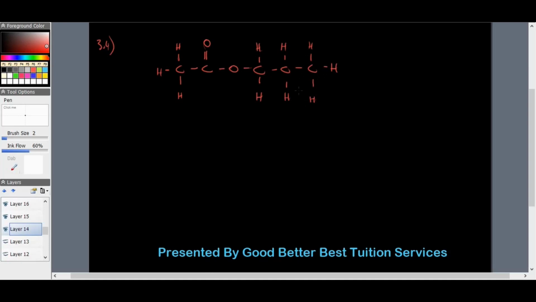So you get a mark for the correct functional group and two marks for the correct number of carbons on either side of the molecule, so that would be 3 marks. The functional group is the double bond oxygen and the single bond oxygen. That's a mark, and of course the amount of carbons on either side, 1, 2, 3, 4, 5. That's how it would look.